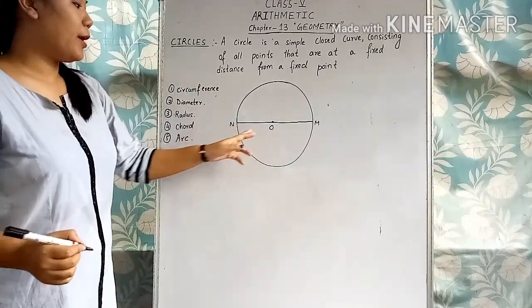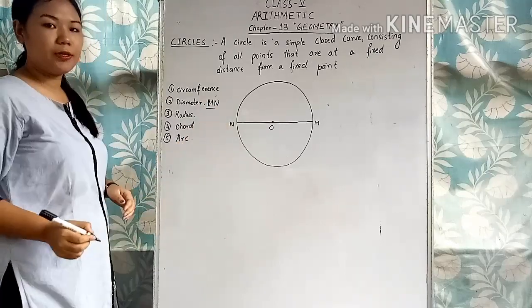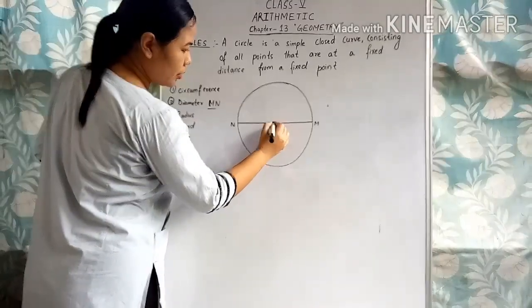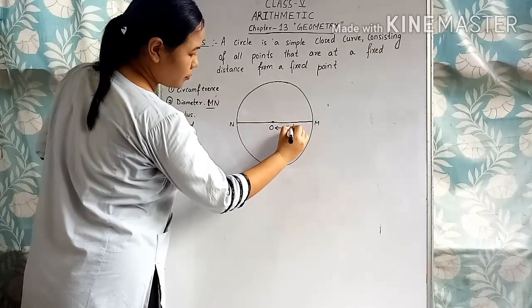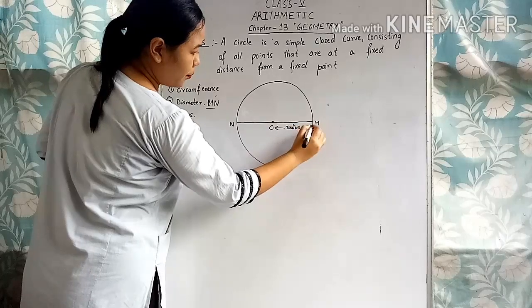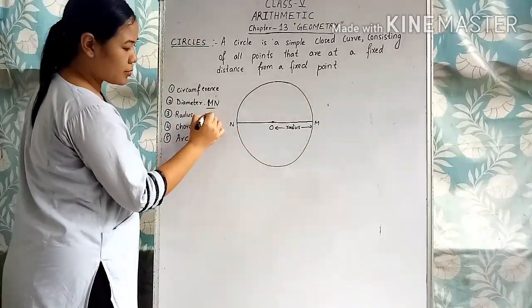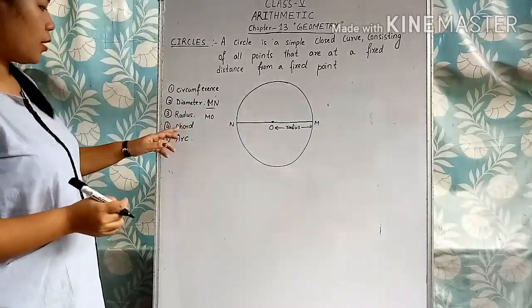So MN is the diameter. Clear? Then radius. What is radius? Now radius is the distance from M to the center. So we can say MO is the radius.